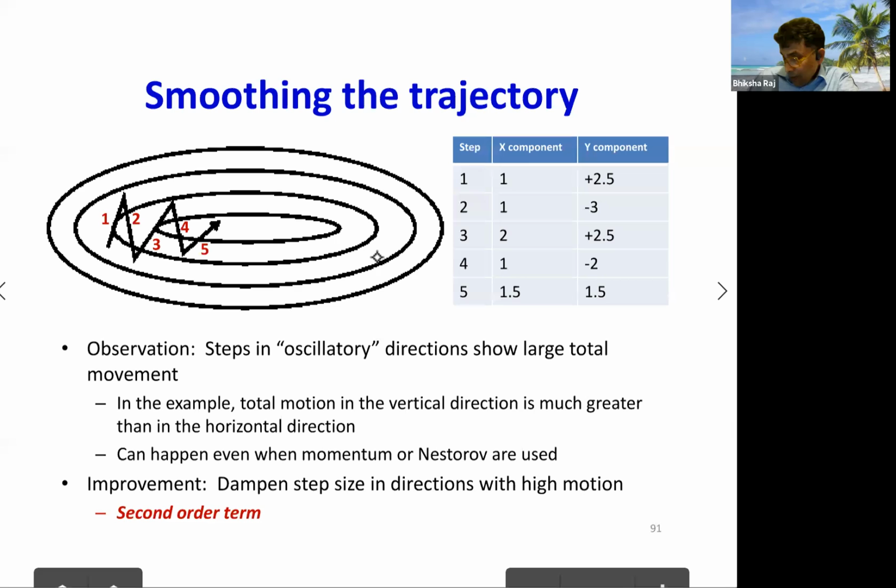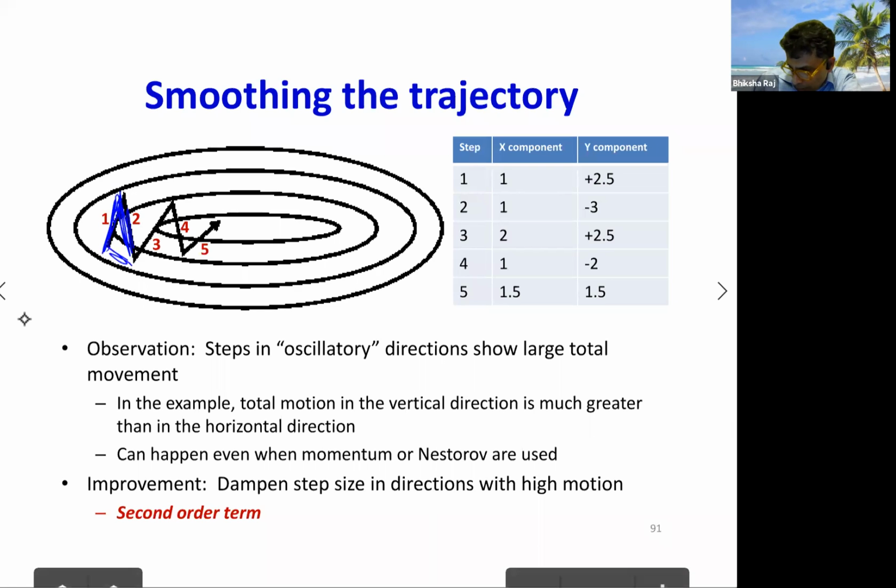You can get such behavior even when you're using momentum or Nesterov, particularly for SGD or Minibatch because of the variance. What you observe is the estimate moves a lot. The total movement is quite a bit. But then if you consider two consecutive steps, the actual distance in which the update has moved is this much plus this much, but the net is only this much, right?